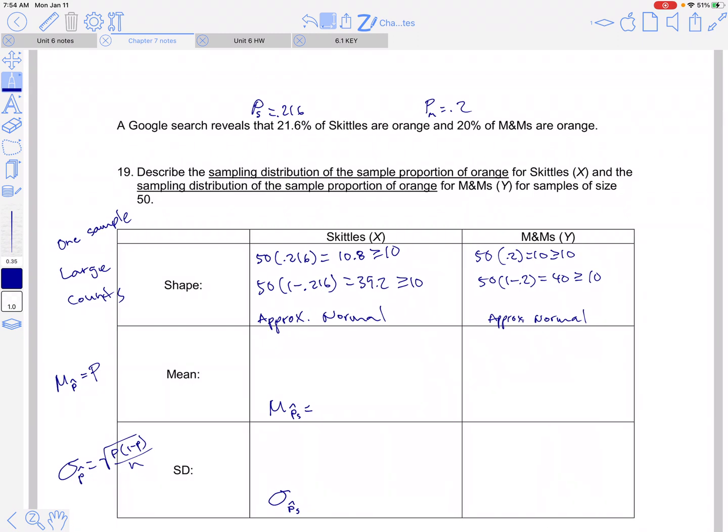If I were to sample all the possible sample size 50 of all the Skittles, this is what the shape would be. I'd have tons and tons of dots, not what I just created, each representing a sample, right? And it would be normal, and 0.216 would be my center.